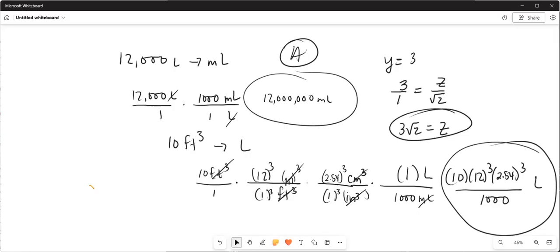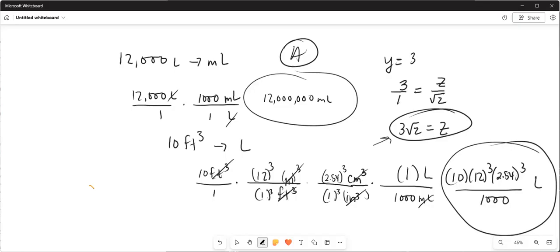So did you get C, Zach? I mean, Tag? I'm sorry. Don't call me Zach. Okay, so if you use the similar triangle, all you're doing is 3 is to 1 equals z is to square root of 2 and cross multiplying, and this is the correct answer.